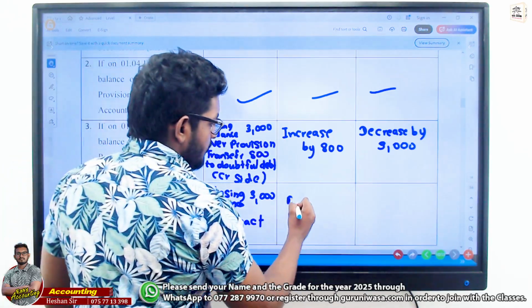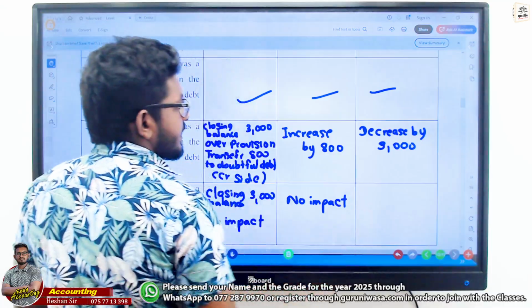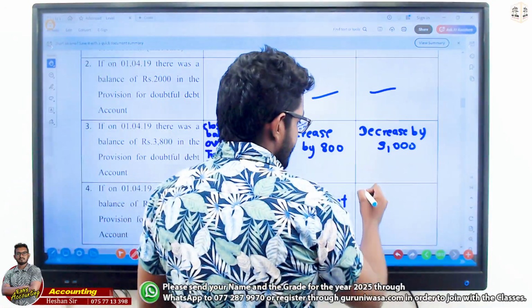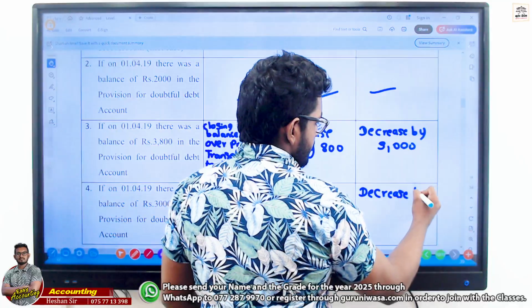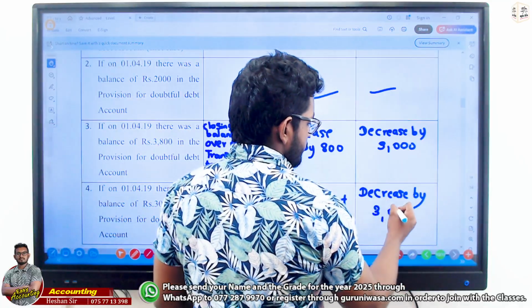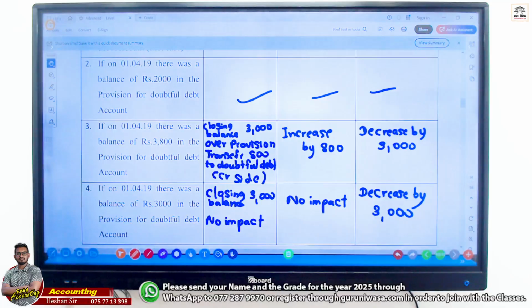Profit, no impact. But when it comes to debtors, decrease by 3,000. And debtors' closing balance decreases by 3,000. Right? Finish it and raise your hands.